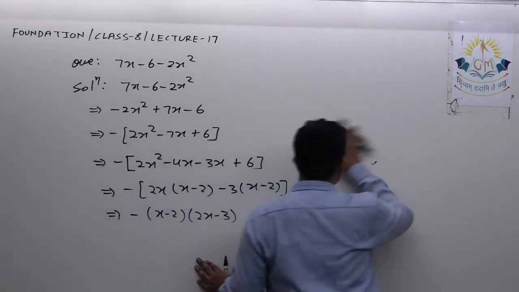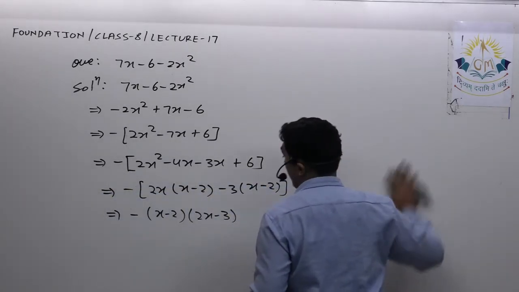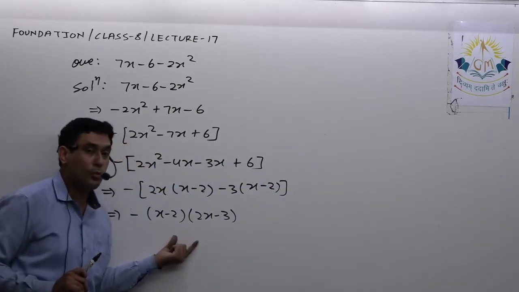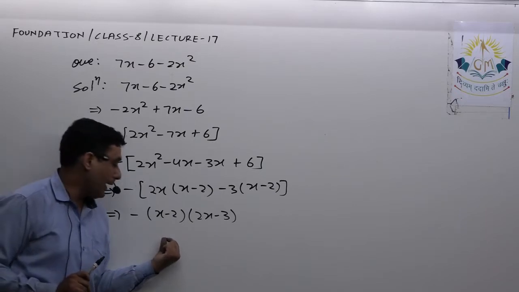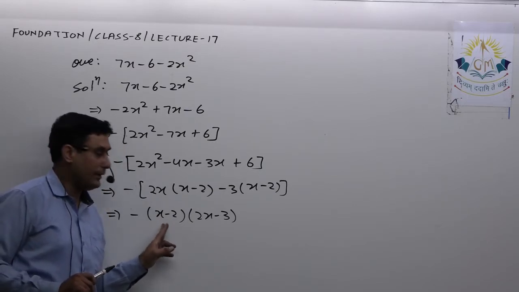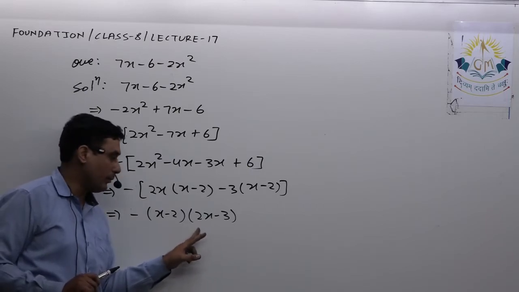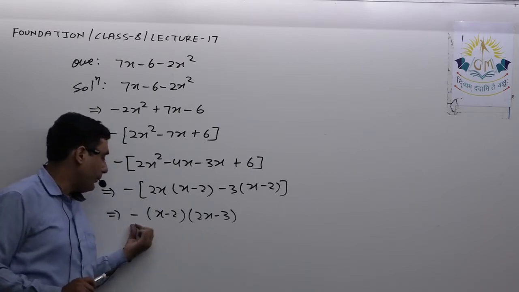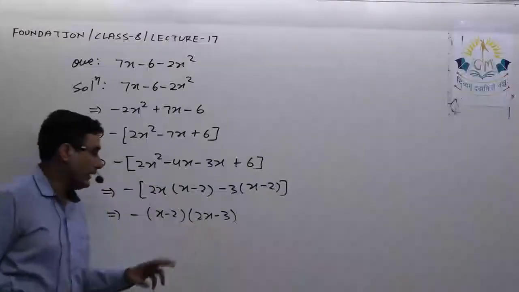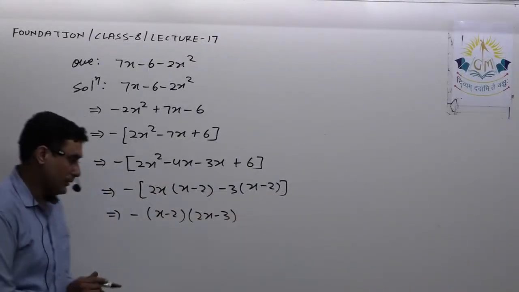Now over here, this is the first time when definitely a minus sign is there, as well as we have two brackets in which the signs are opposite. Here we have opposite signs, x and 2. Here again the signs are opposite, 2x and 3. So now we can multiply this minus sign either over here or over here. That means this is one of the solutions.